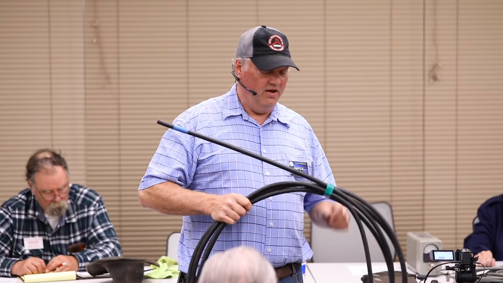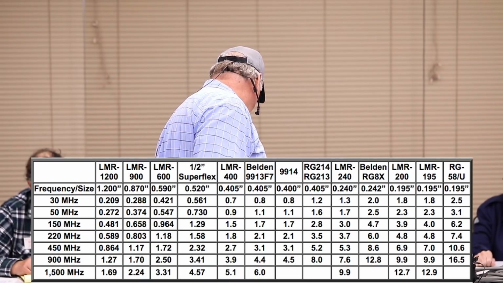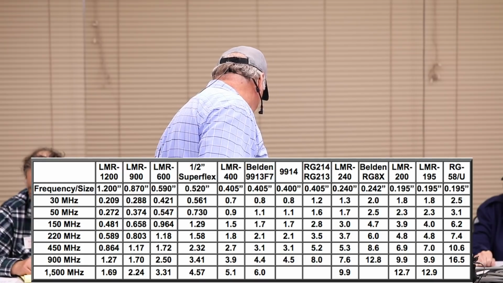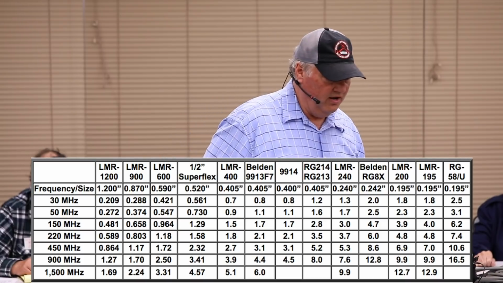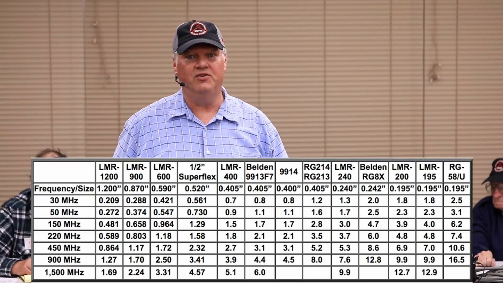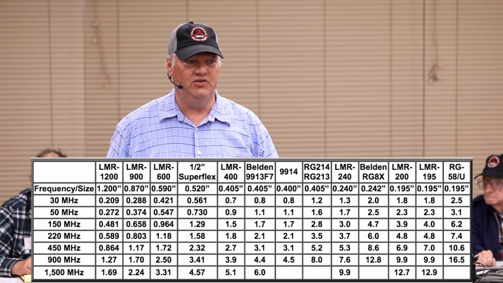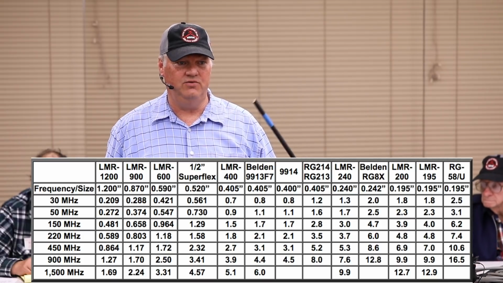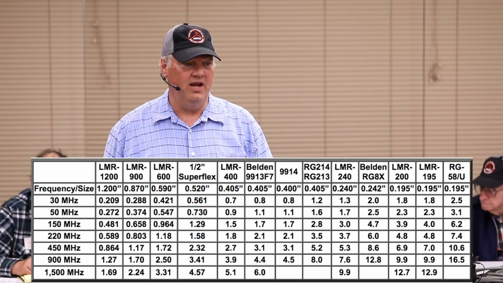Now look at your chart, the second chart with all the more numbers on it. You can look at 1/2 inch, 5/8, 7/8 hardline, the thicker stuff, and you'll notice that at the higher frequencies, you really got to get the thick, high quality cable to drop that loss.